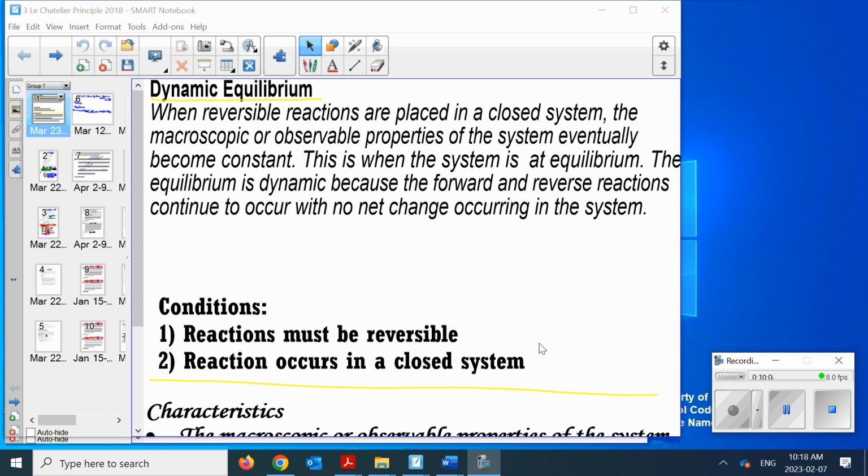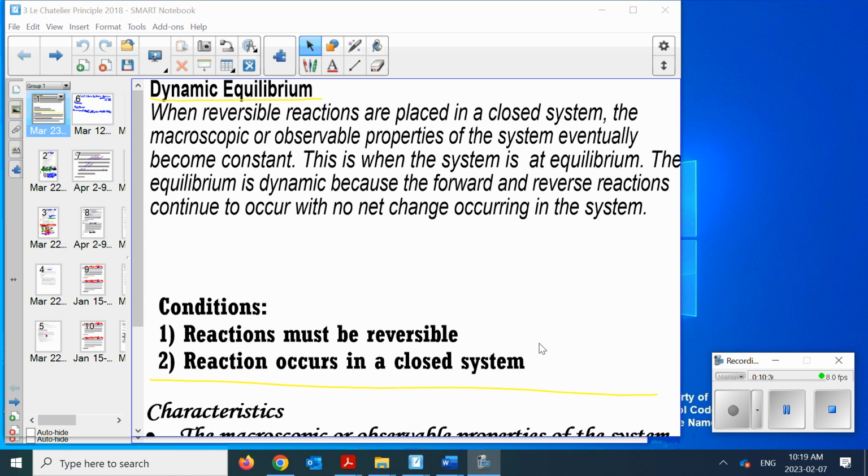Okay, before we get started on the lab handout, a few things to remind you. Dynamic means moving, right? Dynamic equilibrium: when reversible reactions are placed in a closed system, the macroscopic, not micro, big observable properties of the system become constant.